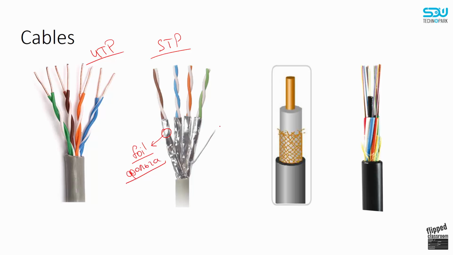It can protect from external interference. So if external interference occurs, then these signals will just be mirrored. But in case you have external interference on unshielded twisted pair, then this interference can impact the signals and can damage your signals. Also, we have the coaxial cable.